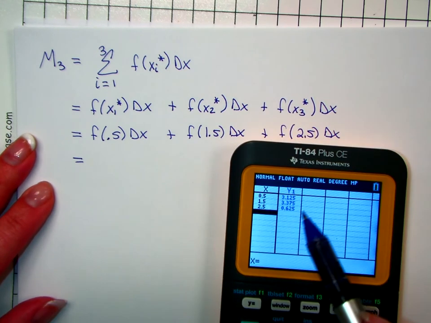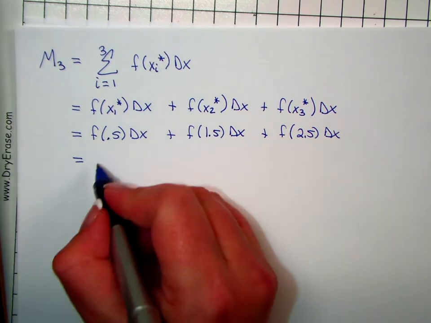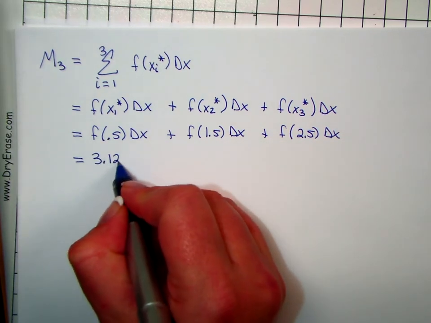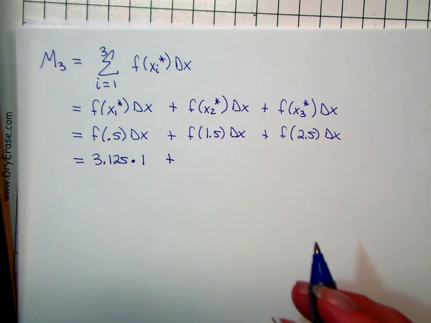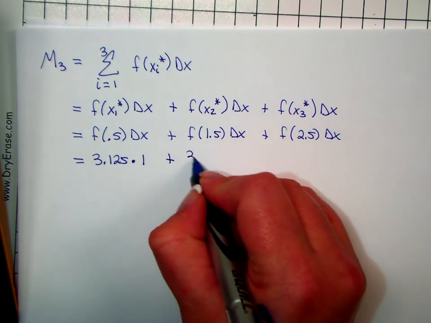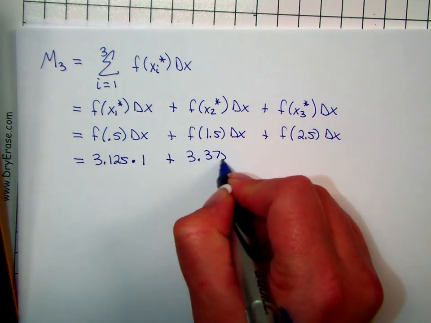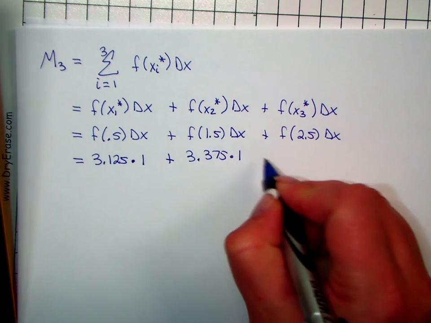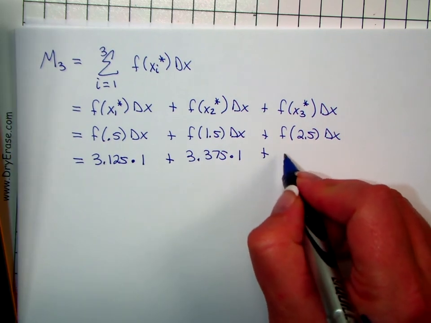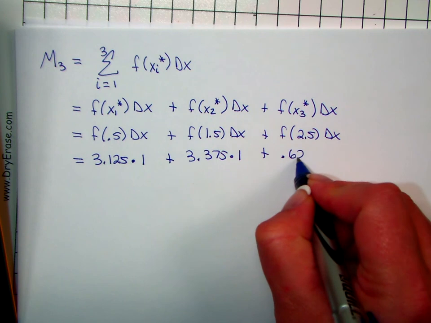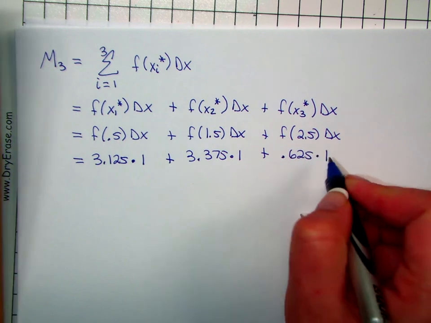So the function at 0.5 is 3.125. Delta x is still 1. The function value at 1.5 was 3.375 times 1. And the function value at 2.5 was 0.625 times 1.